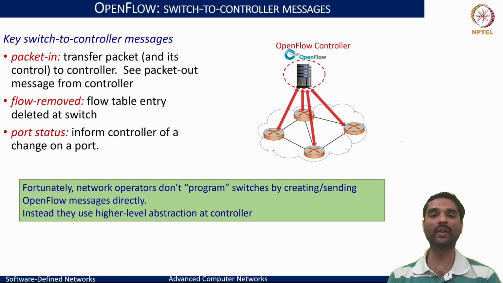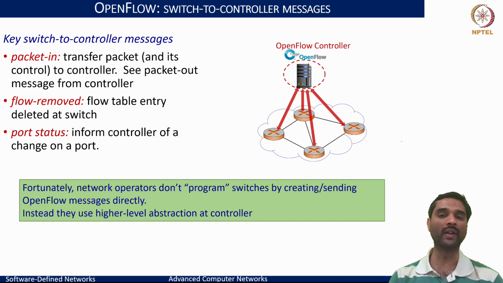But if network operators are now made to learn all of this, it would be a very difficult task for anyone to operate with. The best part here is that network operators need not interact with OpenFlow or understand the OpenFlow specifications in greater detail.